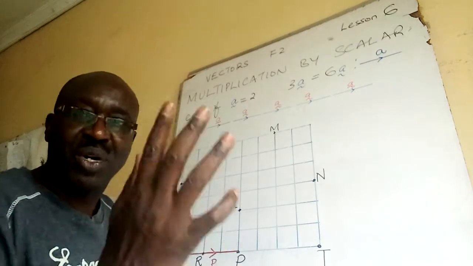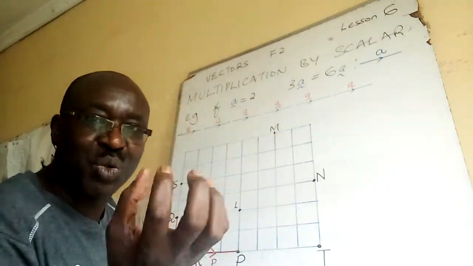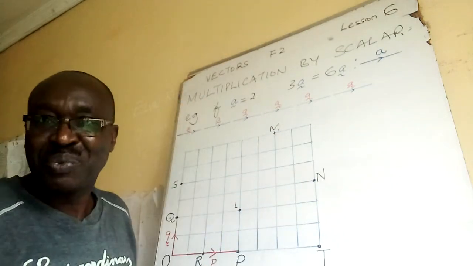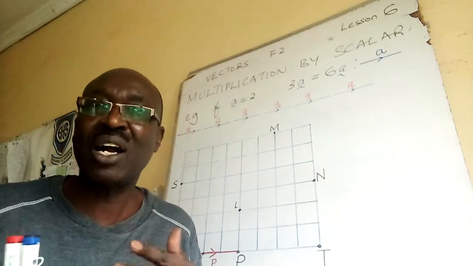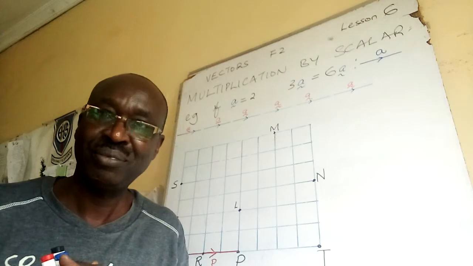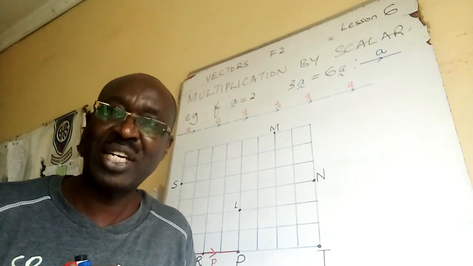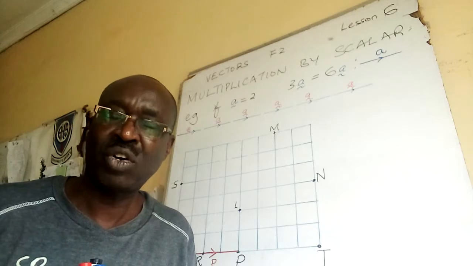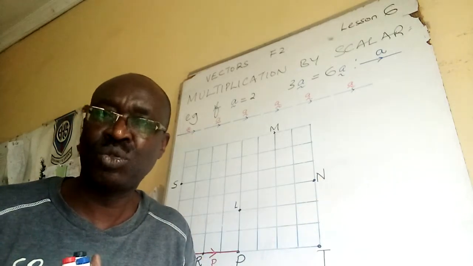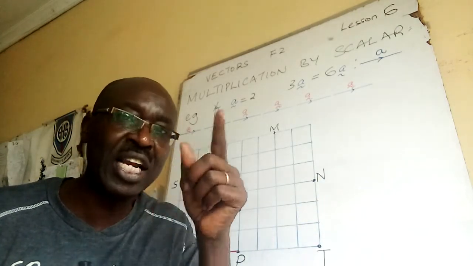So we are going to learn, but I want you to understand it from algebra. If in algebra I said a group of people wanted to buy a bus worth 2 million. I've just said a group of people.